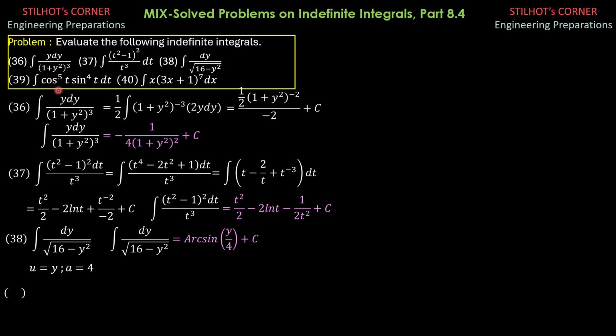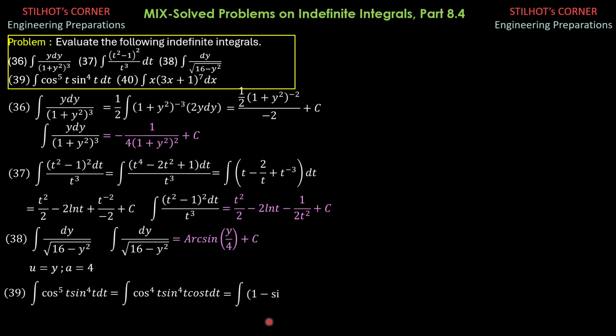So 39, we break cosine to the fifth into cosine to the fourth t times cosine t, and sine to the fourth t. So this is integral of quantity cosine to the fourth t sine to the fourth t, then times cosine t dt. We replace cosine to the fourth t by its identity, cosine squared t quantity squared, and cosine squared t is 1 minus sine squared t.